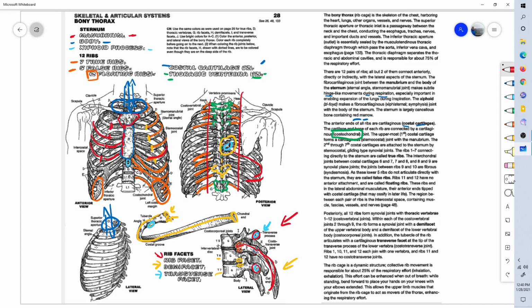These are all synovial joints, by the way. In other words, they have capsules and fluid in them to keep the area very slippery and free from friction, so they are freely movable joints.